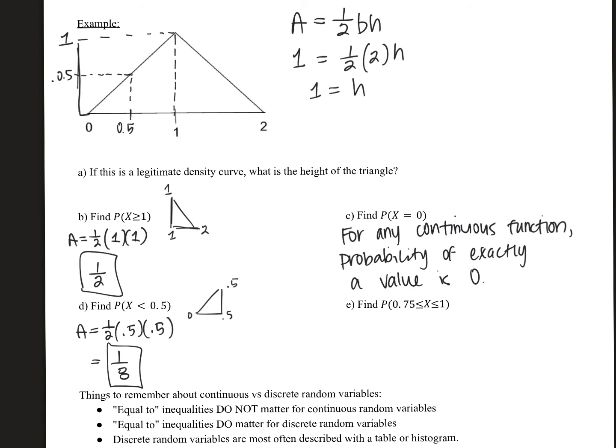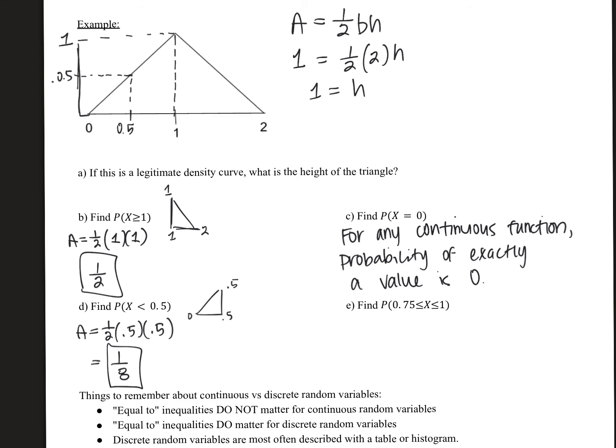And then lastly, we're going to go to between 0.75 and 1. So this gets a little bit tricky because if you thought, oh, we're just going to go between 0.5 and 1, it'd be a lot easier, but we're adding 0.75, which is between the 0.5 and the 1.